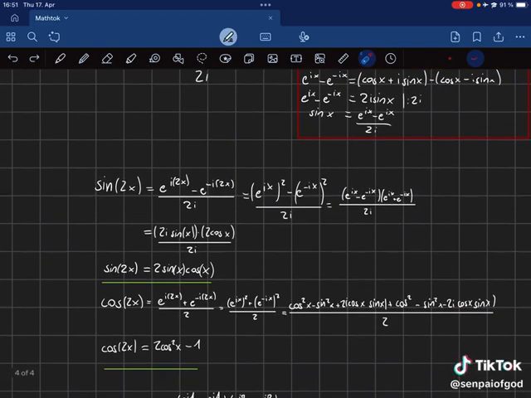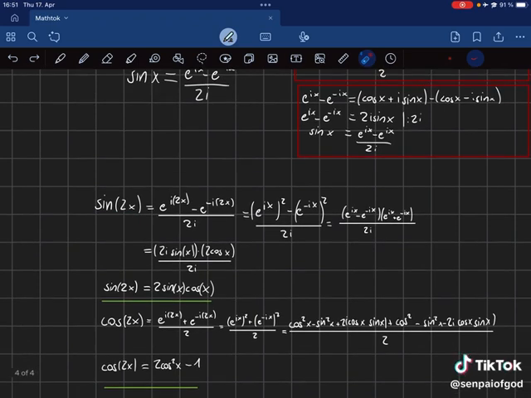So first we have sine of 2x. Because we changed the x value inside the brackets, we change the x value on the right side to 2x. Because we have 2x, I can take it out of the brackets to get e to the ix squared minus e to the power of minus ix squared.